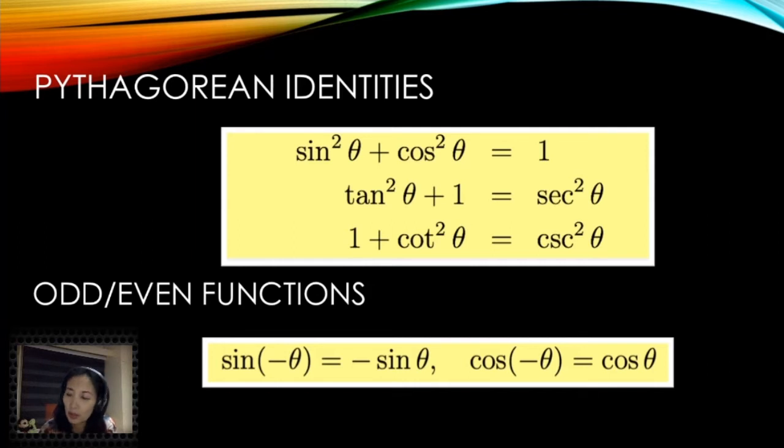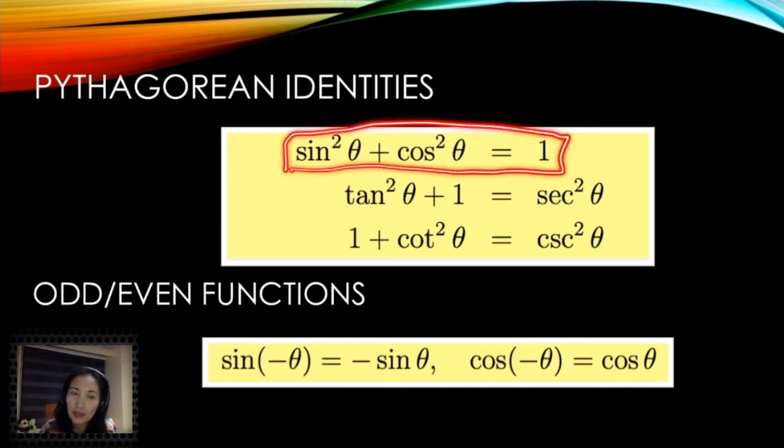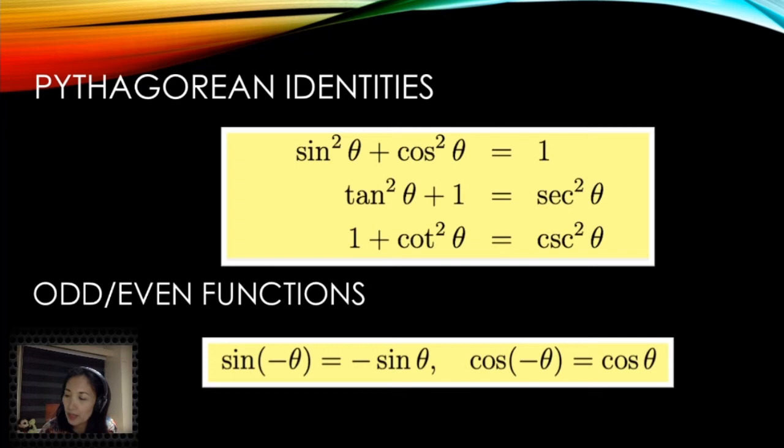So if you draw the unit circle, a unit circle is a circle whose center is at the point of origin and whose radius is 1. You will be able to show this relationship between the square of sine and the square of cosine. So this is the Pythagorean identity. Sine squared theta plus cosine squared theta is equal to 1.